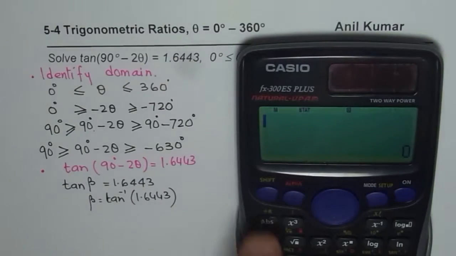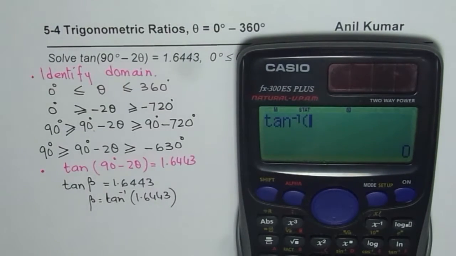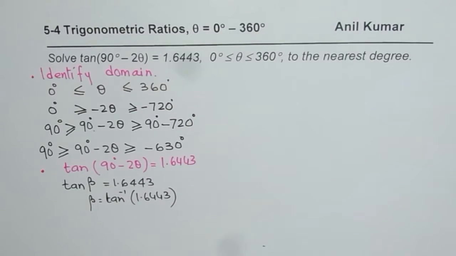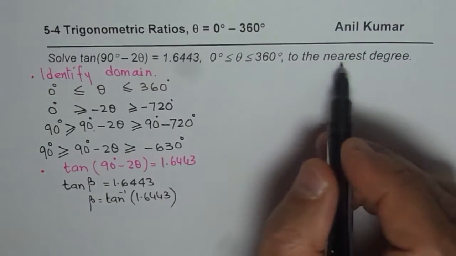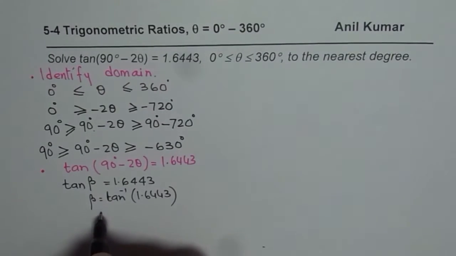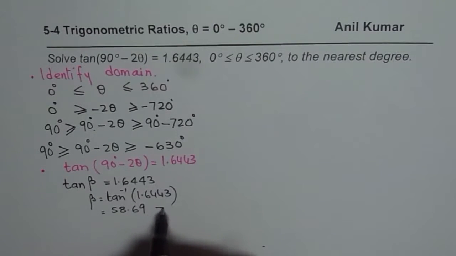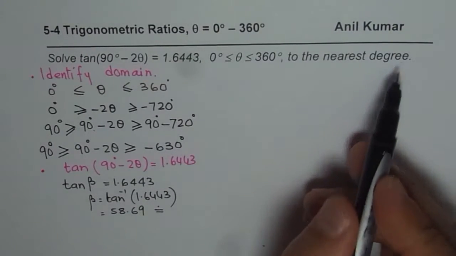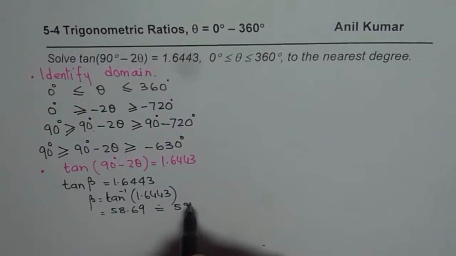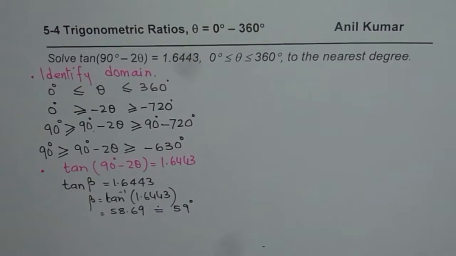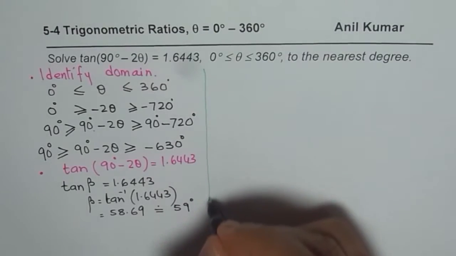We use the second function, tan inverse of 1.6443, which equals 58.69, and we need the nearest degree. So I'm rounding this to the nearest degree, which gives 59 degrees. Do you get the point? So what we get here is an acute angle of 59 degrees. I hope that till now all the steps are clear.